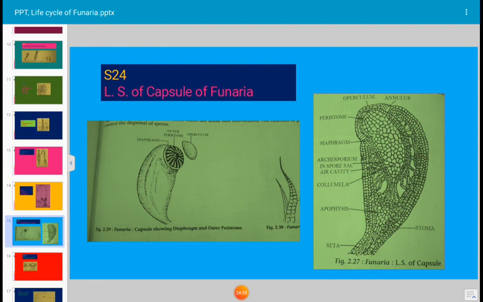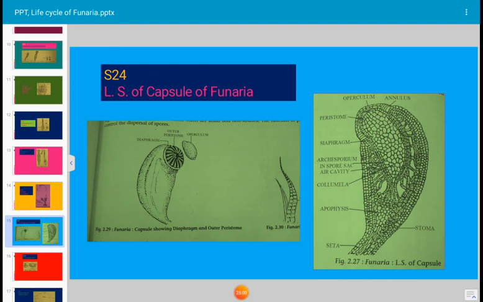Trabeculae unite the wall of the theca to the spore sac, which is towards the interior side. The spore sac surrounds the central sterile region which is known as columella. The inner wall of the spore sac is 1 cell in thickness, while the outer wall is formed of 3 or 4 layers of cells in thickness.